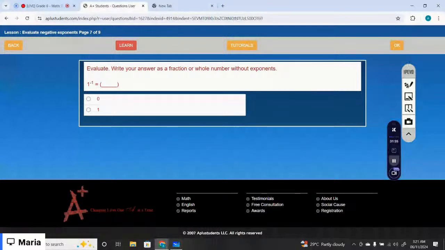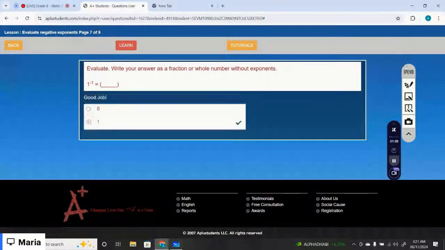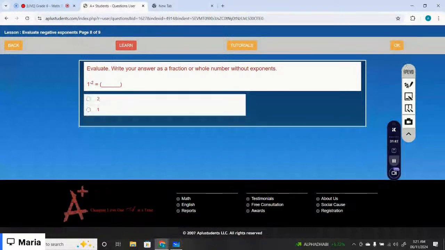1 exponent negative 1. So which is the correct option? 1 exponent negative 1 is 1. Option number 2 is the correct option, right? 1 exponent negative 2, which is the correct option?